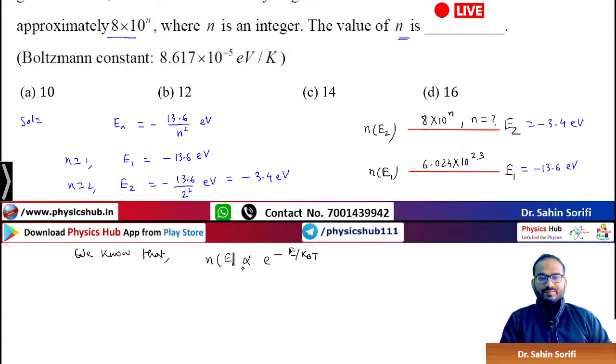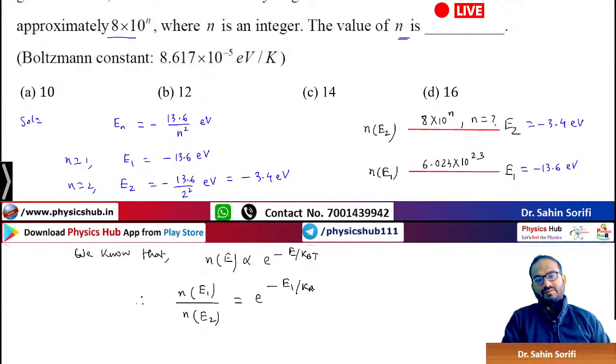So we can say that number of particles in E1 by number of particles in E2 will be equal to e to the power minus E1 by kT, temperature is same, right, over e to the power minus E2 by kT.